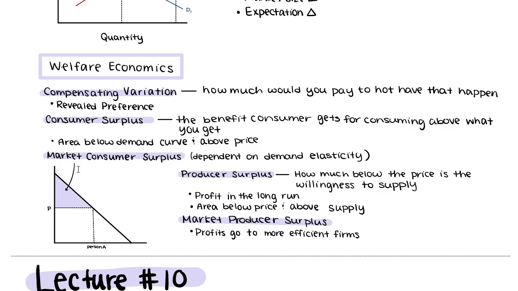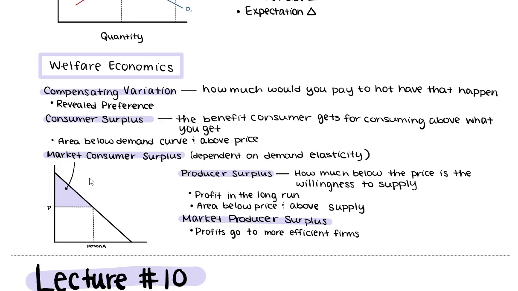That kind of happiness is called consumer surplus. So by this definition, we can see that the area below the demand curve and above the price line is all about the market's consumer surplus.